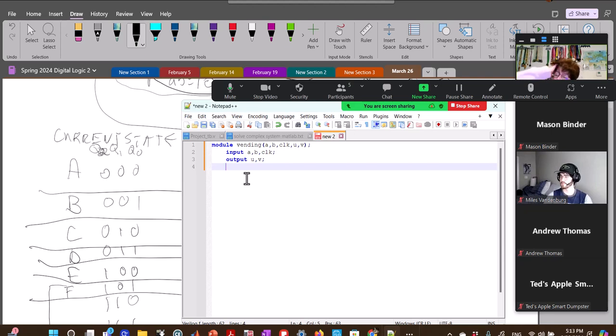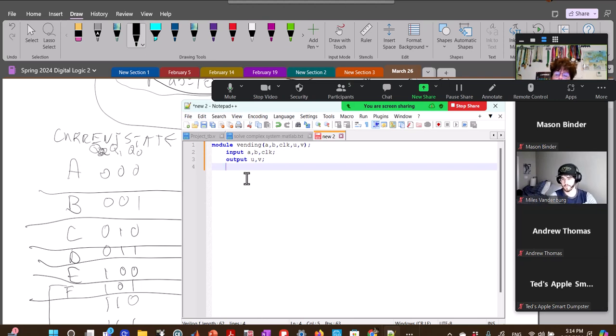Now, we have to have some way to keep track of our states. Usually, when you have a finite state machine, you also display your states somehow, so they would also be outputs. You would often tie them to some LEDs so you could see what state you're in. But this program doesn't require you to do that, so they don't have to be outputs. Now, I like to, because I find it minimizes errors, and if you trust me on this, you will have fewer errors than your classmates who don't do what I'm about to suggest, and then they end up having to do it anyway.